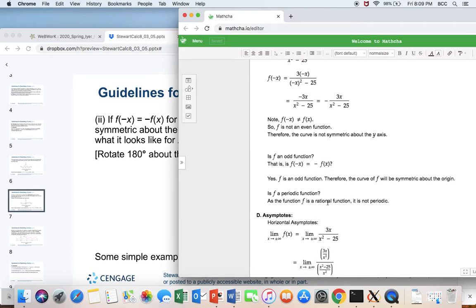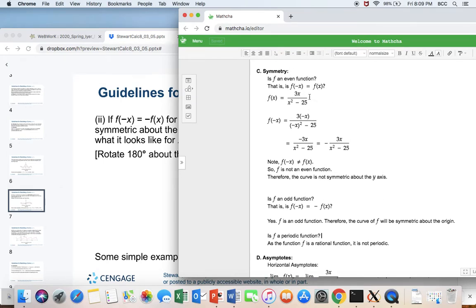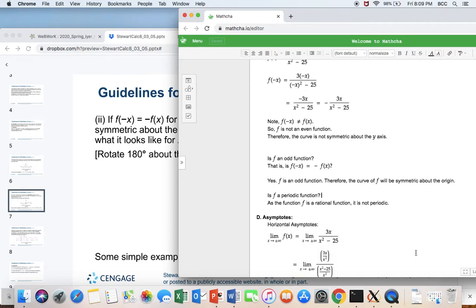Is your function periodic? Well, our function is rational. It is not periodic. Rational functions are not periodic. What are periodic? For a function to be periodic, usually you need to have a trigonometric function, or it should be defined periodically. All right.